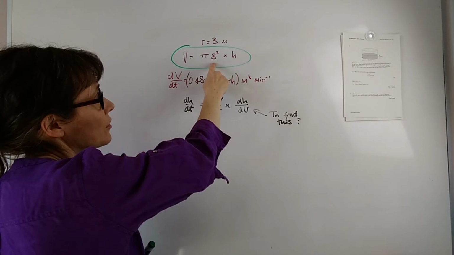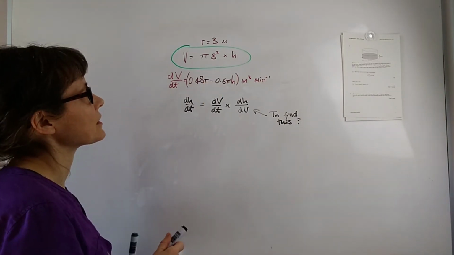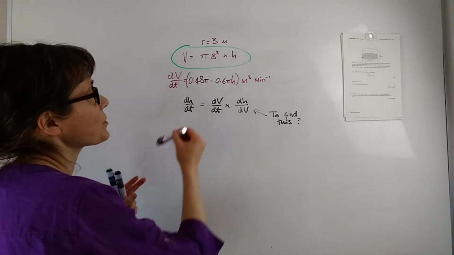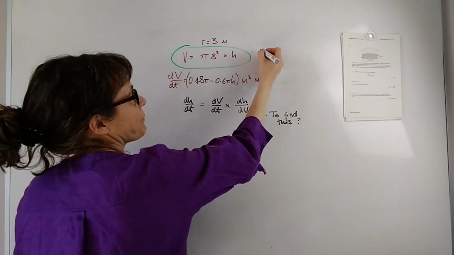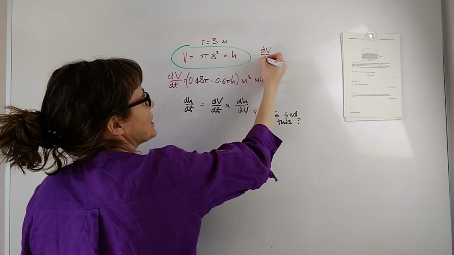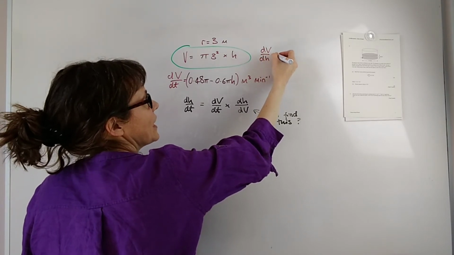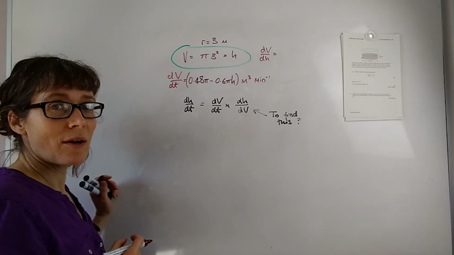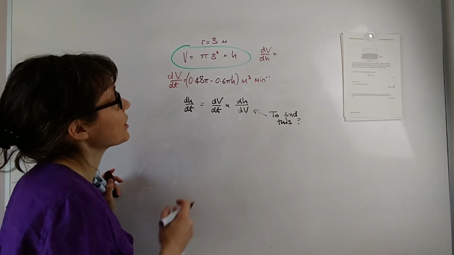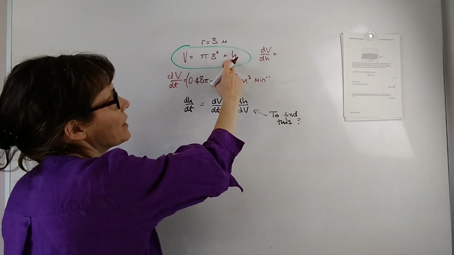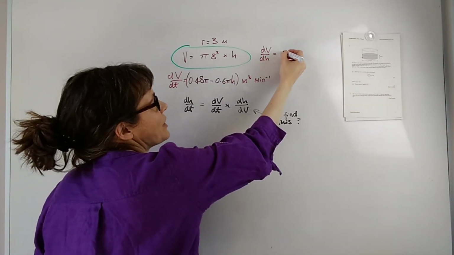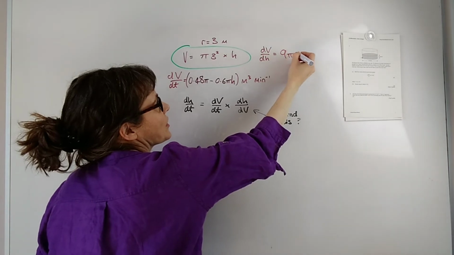What this does give us is we can find dV/dH quite easily from this. A bit tricky the other way around, but dV/dH is just going to be 9 pi times h here. Actually, as a differential, that h to the power of 1 just becomes constant. So it's got a constant relationship.